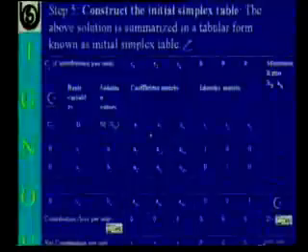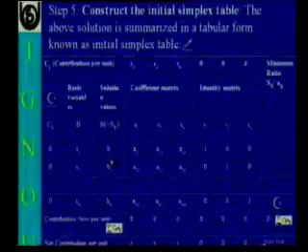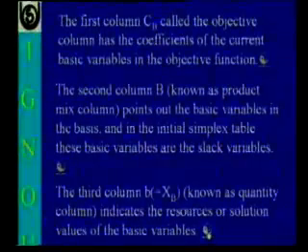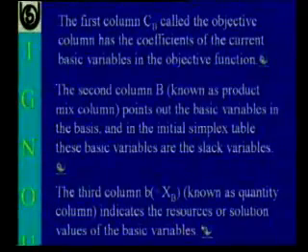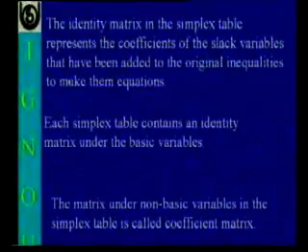When we put x1, x2 and xn equal to 0, we get these contributions b1, b2 equal to the slack variables. Third column, quantity, which I have already explained: when x1, x2 and xn equal 0, then we get this column. The identity matrix in the simplex table presents the coefficients of slack variables that have been added to the original inequalities to make them equations.